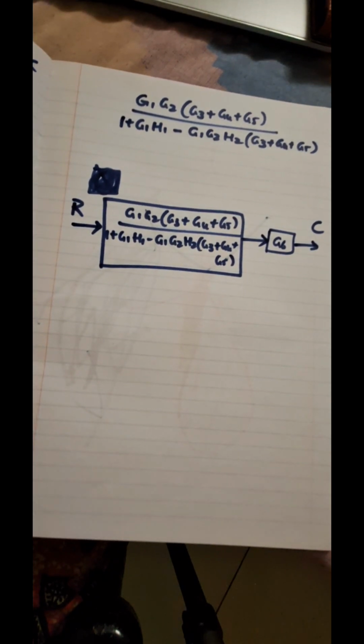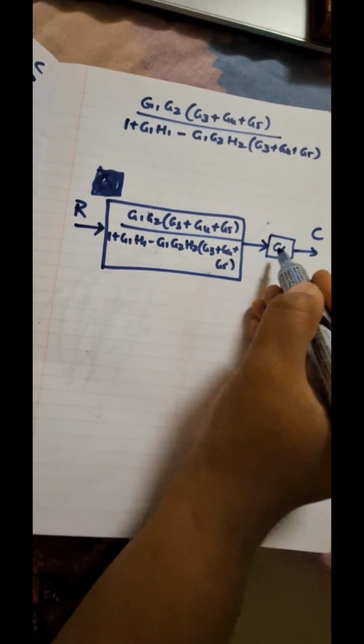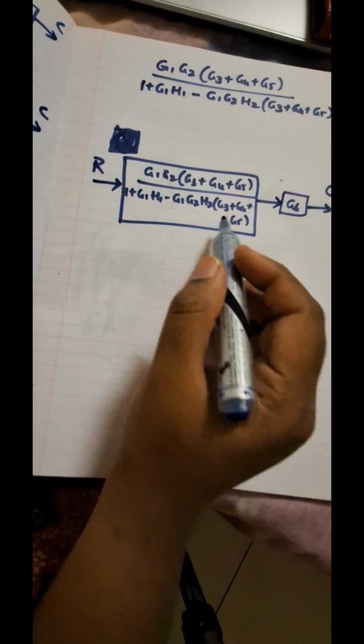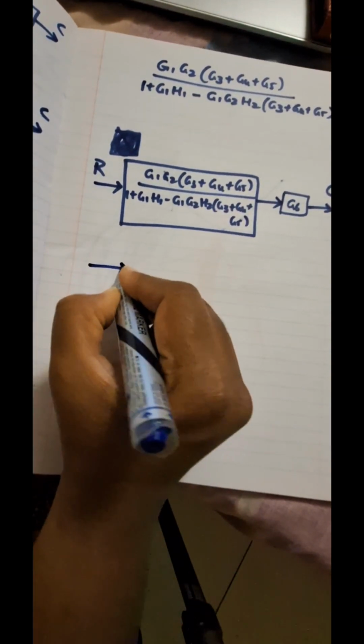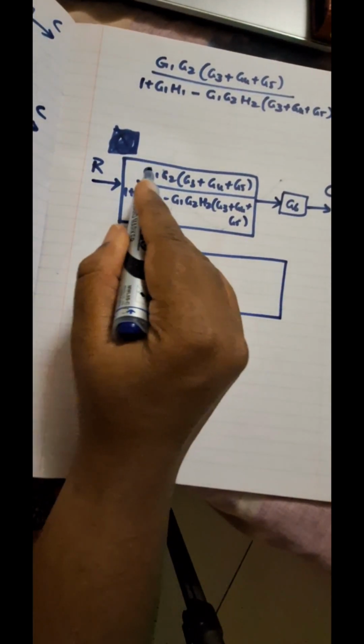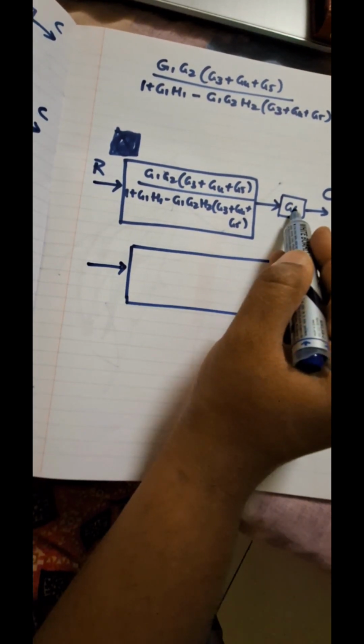Now these two are in cascade. So now just write, above two blocks are in cascade. So what will be the answer? You should multiply them. Then what will happen? The next block will be, multiply this with this, because numerator will be denominator multiplied with the numerator, right?